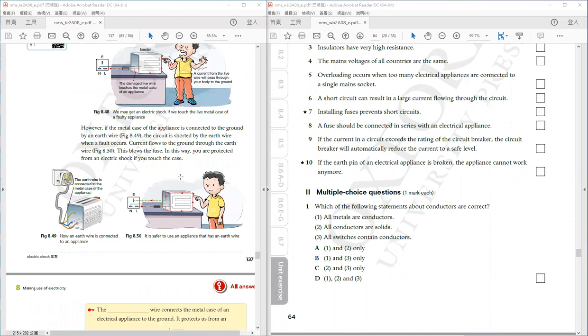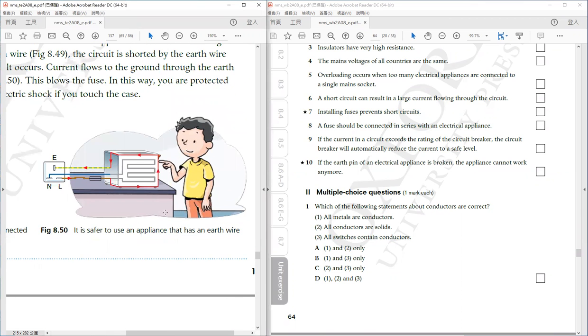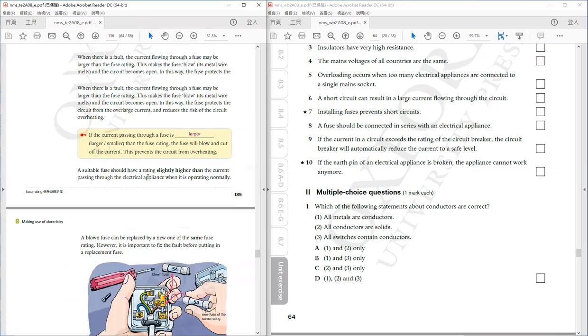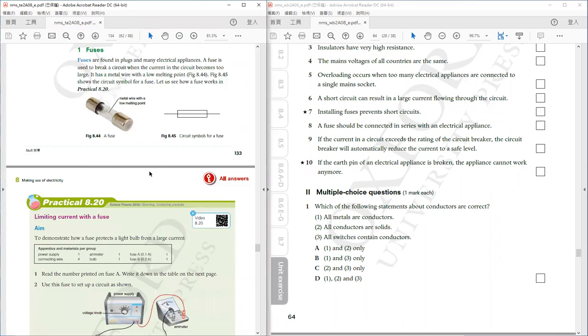For question 8, we install the fuse like this in this picture.